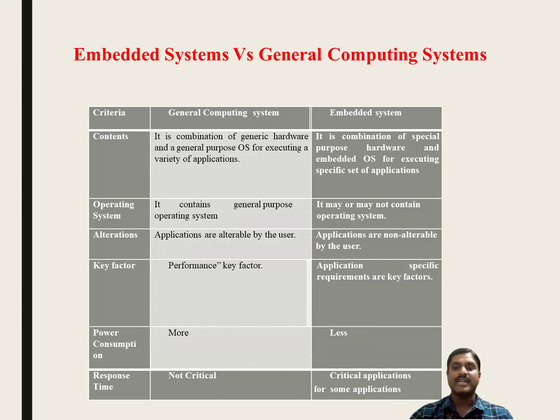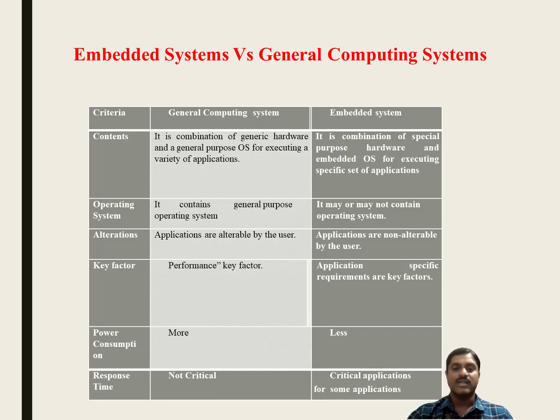Whereas an embedded system is a combination of special purpose hardware and embedded operating system for executing a set of specific applications. And coming to the operating system, a general computing system contains a general purpose operating system, and an embedded system may or may not contain an operating system.